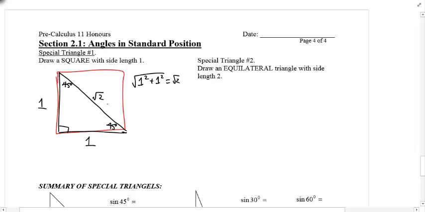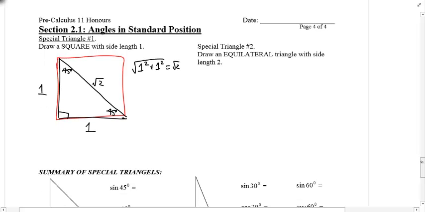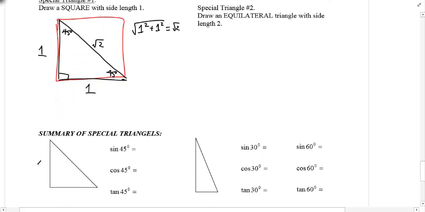Why is this important? Well, if you look underneath, I've got here my triangle, 1, 1, root 2, with angles 45, 45, 90. And what's sine of 45? Well, let's just take this angle down here as our 45. Opposite would be 1 over hypotenuse, or root 2.